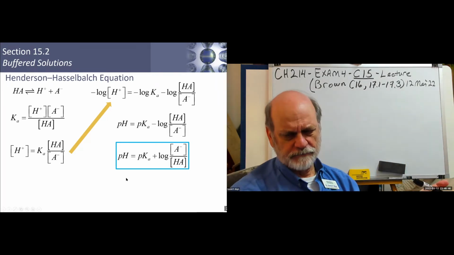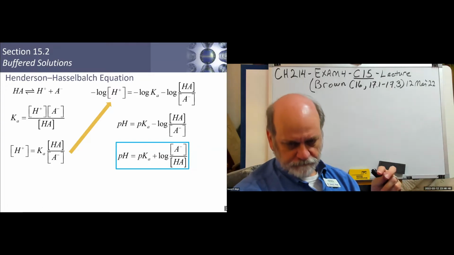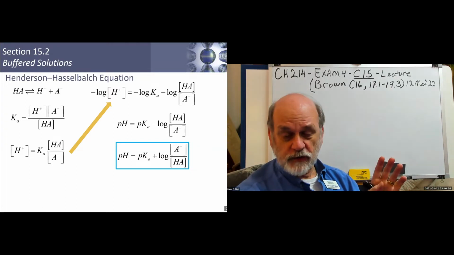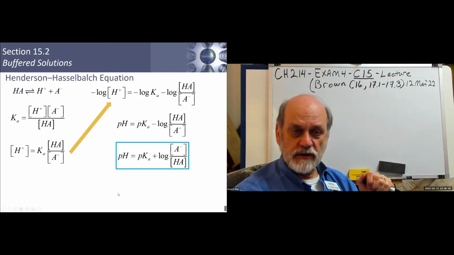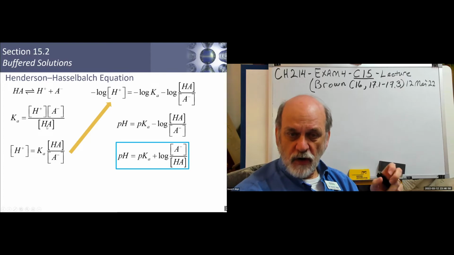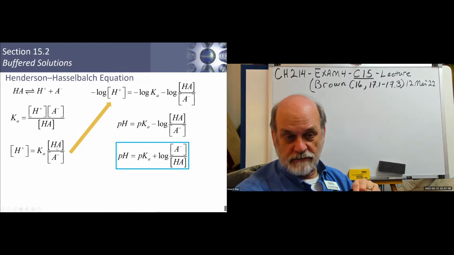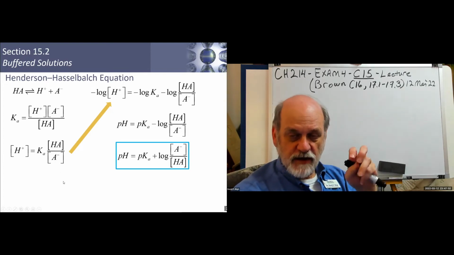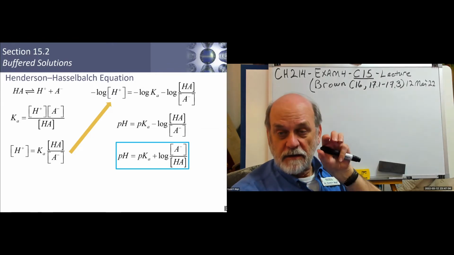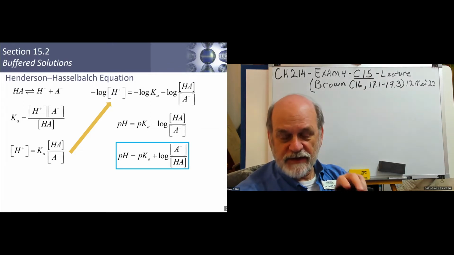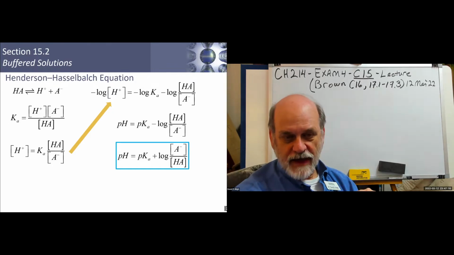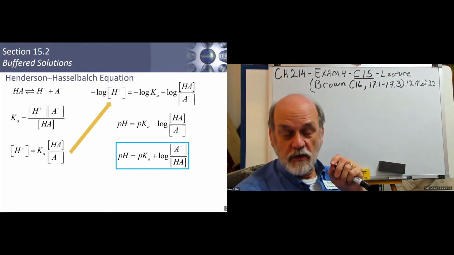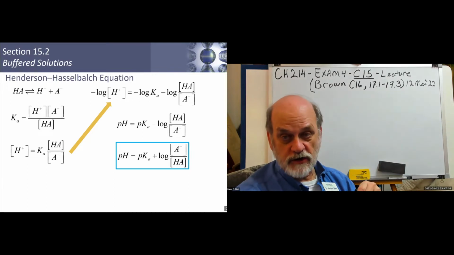Sometimes you still do, but this is an extremely useful equation. It would be instructive for you as a student to learn how to derive this equation, because it has buried within it concepts of acid-base equilibrium and buffer solutions that become ingrained when you derive it yourself.